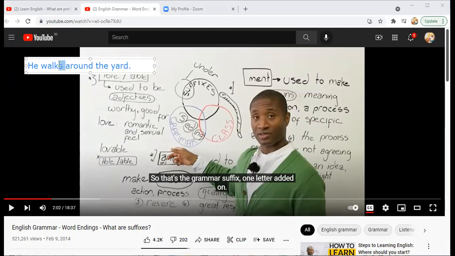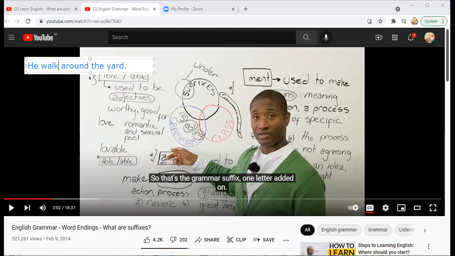Walks around the yard, walks, right? Ini have S because he is a single. It's a single pronoun. It's a third person pronoun, but it's not like a we or they.